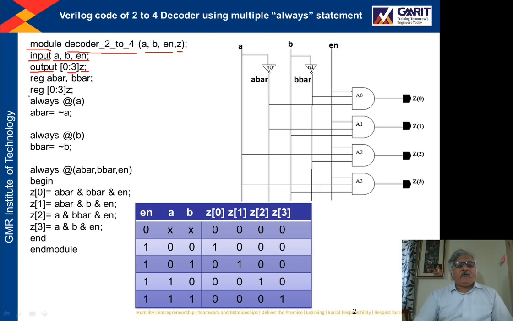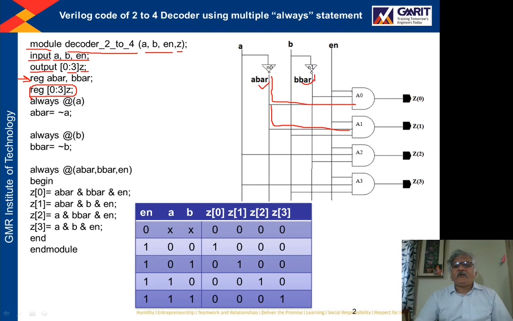And here we declare this Z as reg type, and here you just see there are intermediate wires like A bar and B bar. You can see here, this is the intermediate wire. It is connected to the A0 gate as well as to the A1 gate.